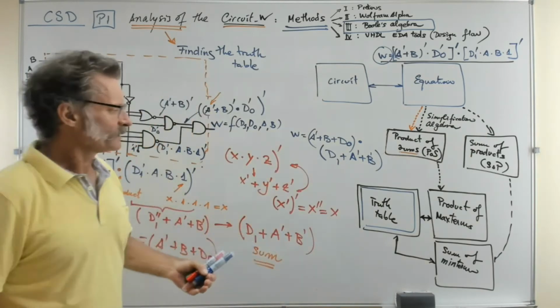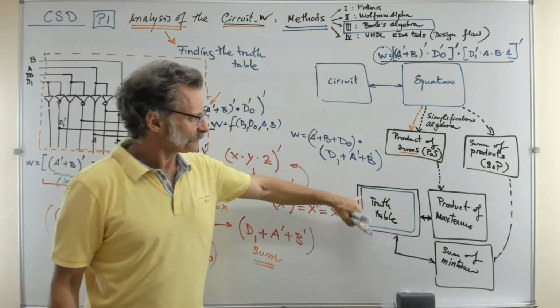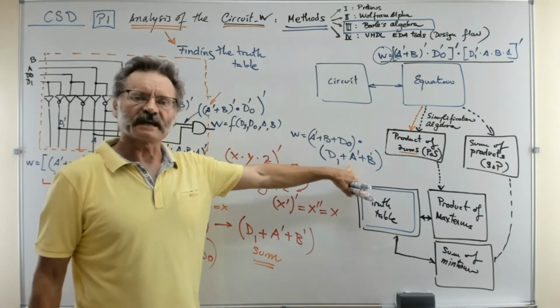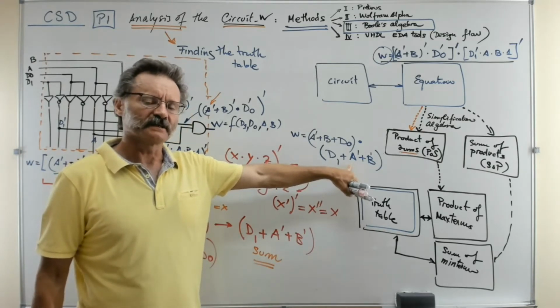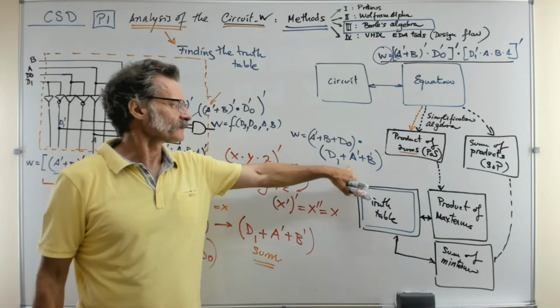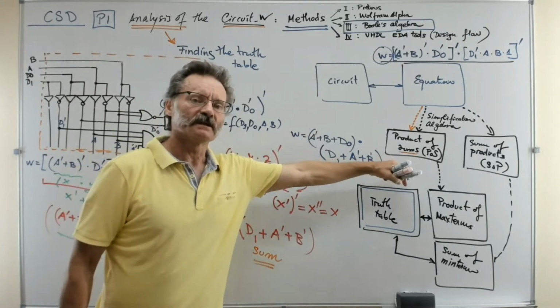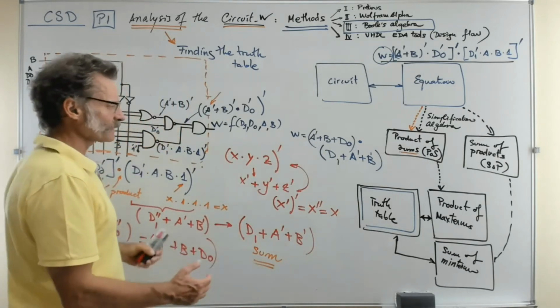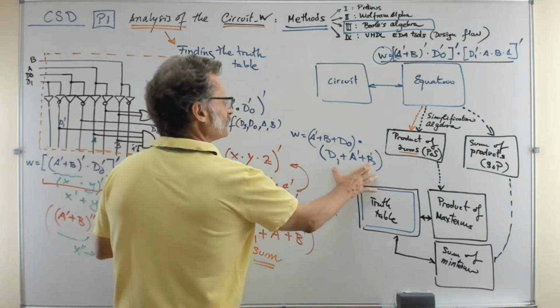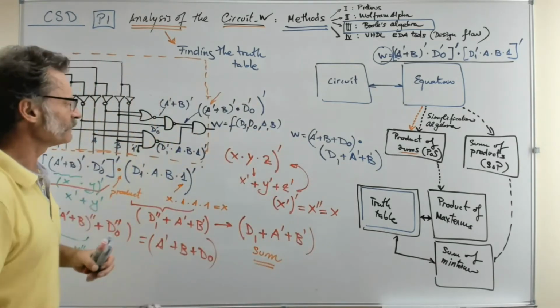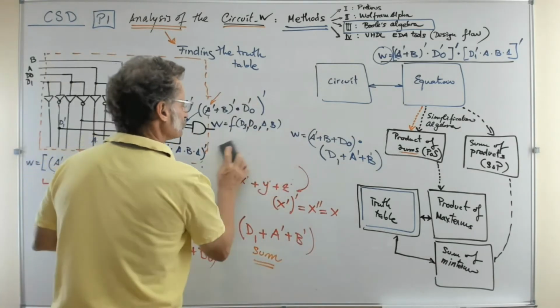So now, if we like to find the truth table from this product of sums, what is left here is simply what? Well, add the missing variables in every sum. In this way, you can transform these sums into maxterms if you consider the ordering of the input variables. So this is what you can do now, okay?